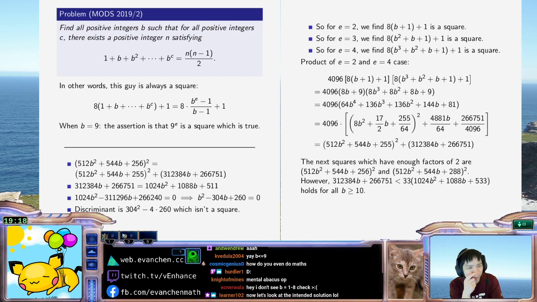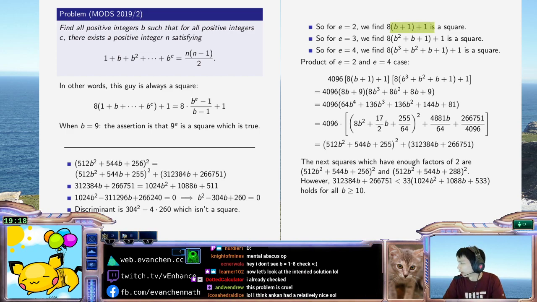Hey, I don't see the check for b equals 1 through 8. Oh, 1 through 8. Yeah, okay. So you plug it into here.